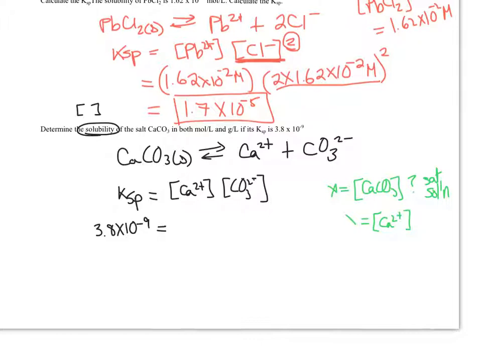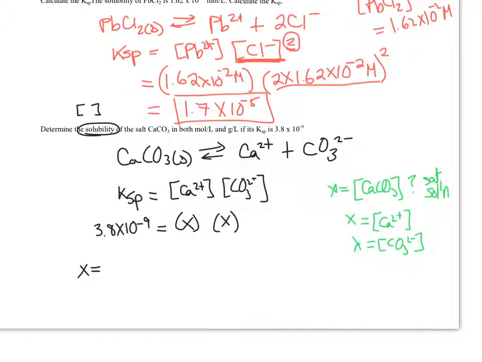Well, it's also going to be X. And the concentration of the CO3 2- is also going to be X because there's only one source for the Ca2+ and the carbonate ions, and they're all 1 to 1 to 1 ratio with the calcium carbonate, and so all of them would be equal to X. So then what I can do is plug in this for the Ca2+ and this for the CO3 2-. So this is going to be X times X, and that way I can solve for what X is.